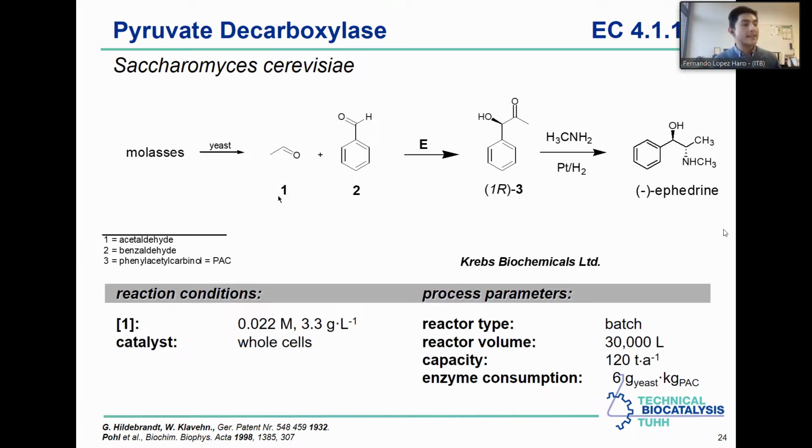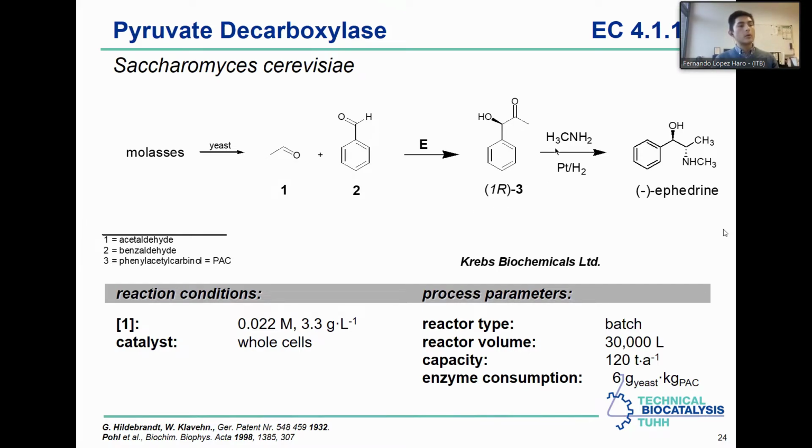And if we combine this acetaldehyde with benzaldehyde, it is the same structure, just bonded to an aromatic ring. When we combine these two aldehydes, the enzyme pyruvate decarboxylase can do the synthesis of an enantiopure component that we call phenylacetylcarbinol, or PAC. If we select the right enzyme, we produce the R enantiomer of that.